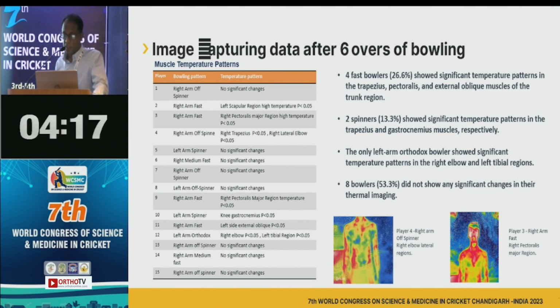The 2 spinners show significant temperature patterns on their trapezius and gastrocnemius, the lower body. Only one left arm orthodox bowler showed a significant temperature pattern in the right elbow and left tibial region. 8 bowlers out of the 15 didn't show any abnormal patterns.